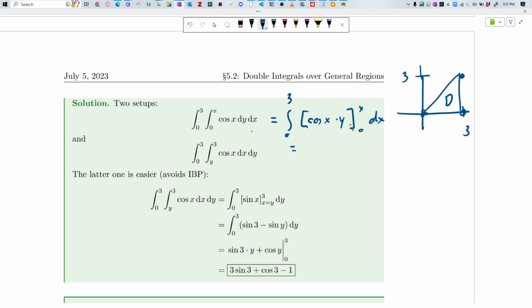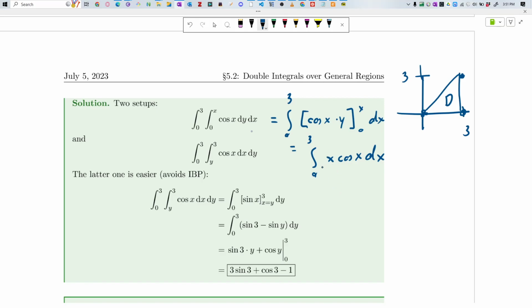So the inner integral ends up just popping an x into the integrand. This is what happens if you compute the inner integral. It will just pop an x in because there wasn't a y, and so then evaluating will give you this x. And now, in order to do this integral, well, you should know how to. It's an integration by parts problem. You would have to differentiate the x, integrate the cosine of x.